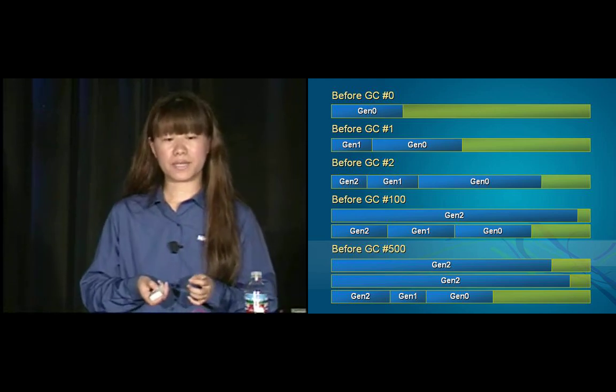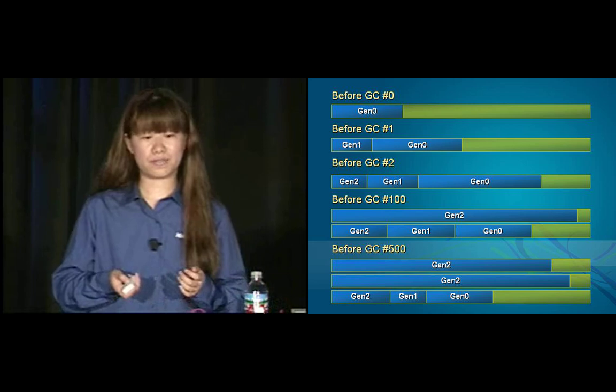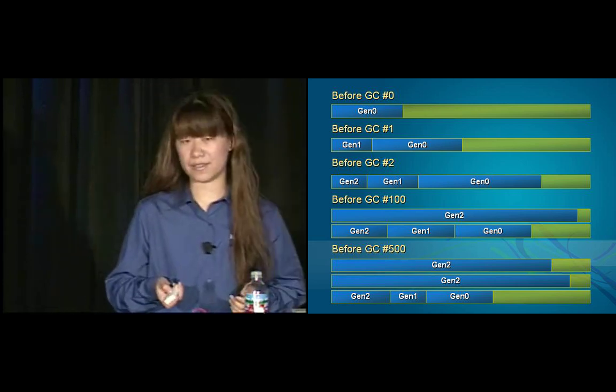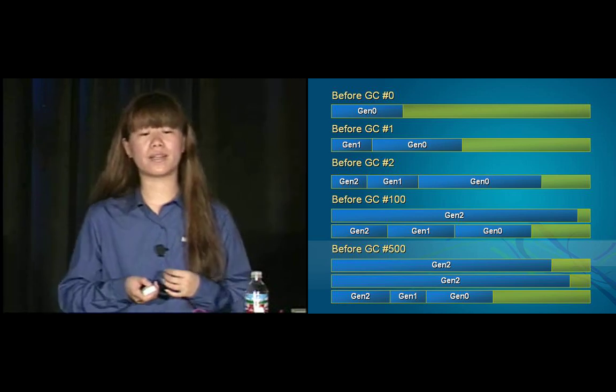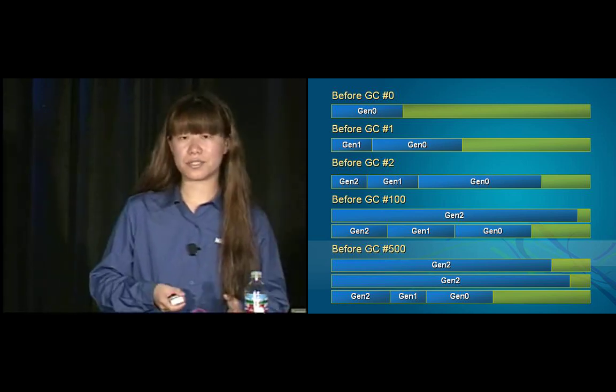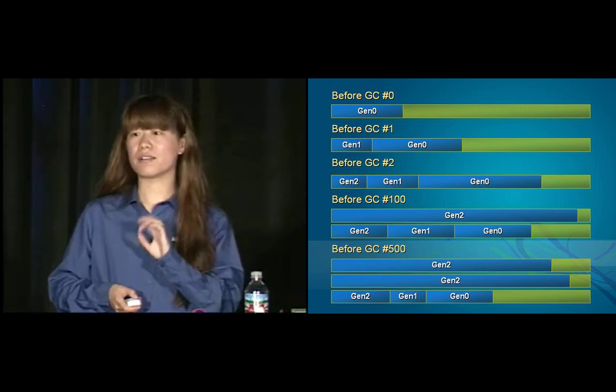So let's look at a picture, see how that works. Before GC number 0, you have gen 0, which is what you allocated. Before GC number 1, what survived from gen 0 got promoted to gen 1. So now you have gen 1 and gen 0 on the ephemeral segment.